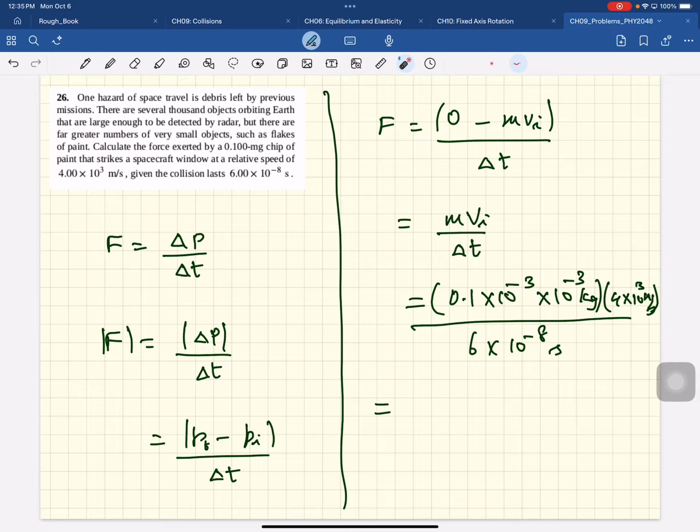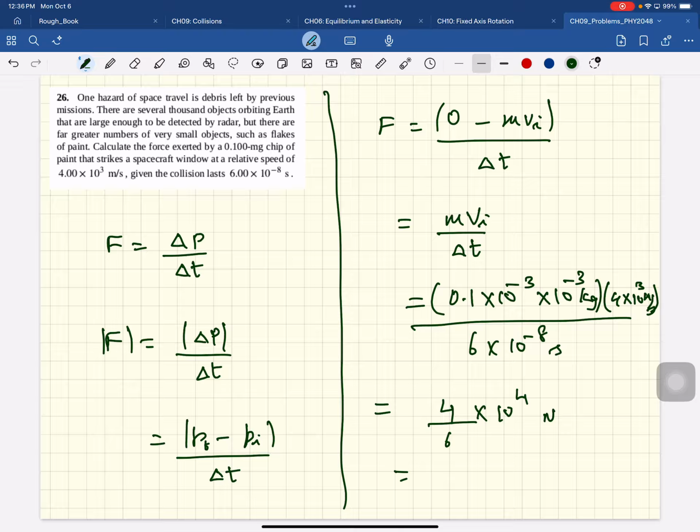So let's take your powers of 10. That's 10 minus 6, 10 minus 7, and that'll kill. So, and then you're left with 10 minus 1. So what you get is 4 divided by 6, 10 to the 4 newtons.